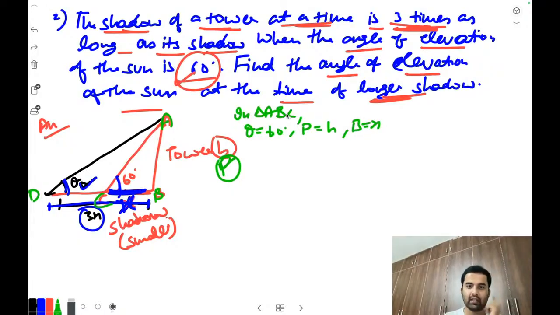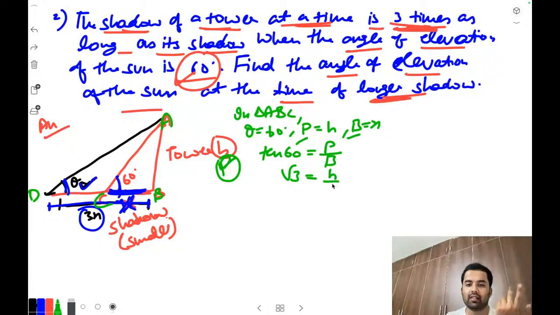So by the help of P and B, what are you going to apply? Tan theta, right? So tan 60 is equal to P by B. Tan 60, we know that, is root 3. P, what we kept? H only, the height, right? Base is x. So we are not going to get anything here. So just take it as 1 because maybe we will use this.